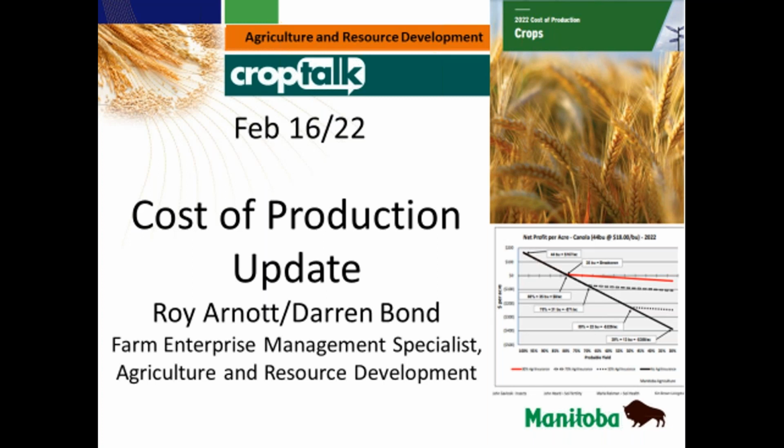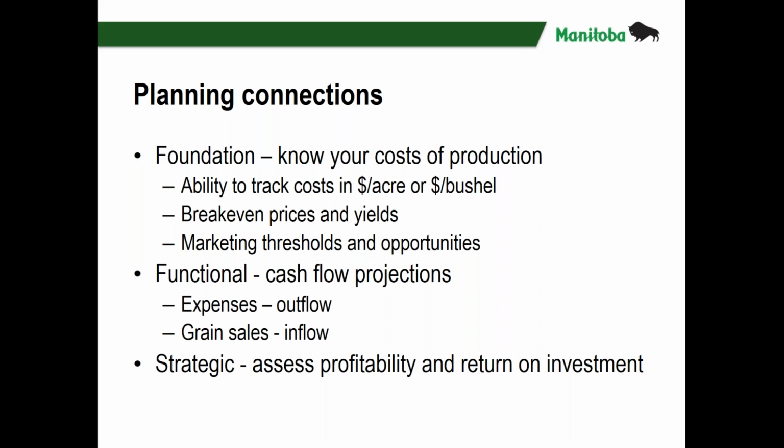It's actually led us to put out a revised document just recently showing the changes in both crop pricing and input pricing, primarily fertilizer and pesticide. So we're going to go through that today and have some discussion on that, and hopefully provoke some thought and have some fun with it as well.